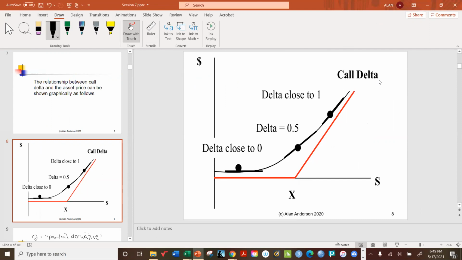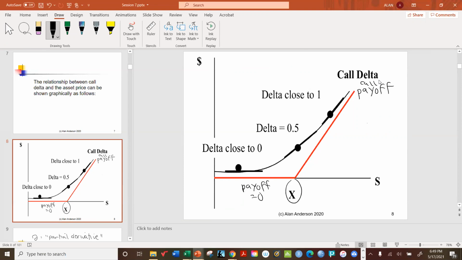This represents, the red part is the payoff to the call. And we did this a couple weeks ago. Remember, the way this works is that the payoff is 0 down here. And then once we hit the strike price, after this, the payoff goes up on a 1-for-1 basis with the stock price.